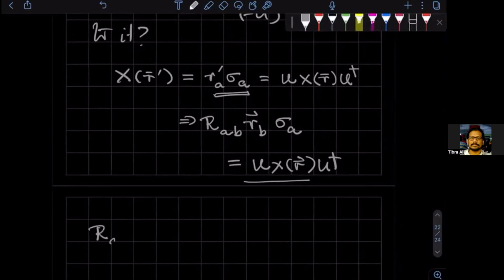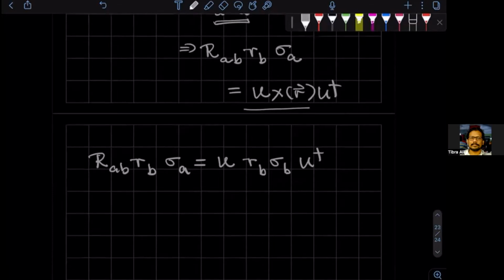So we have R_AB r_B σ_A is equal to U, here I have, I should not write the hat when I'm writing the vector component, r_B σ_B U dagger.